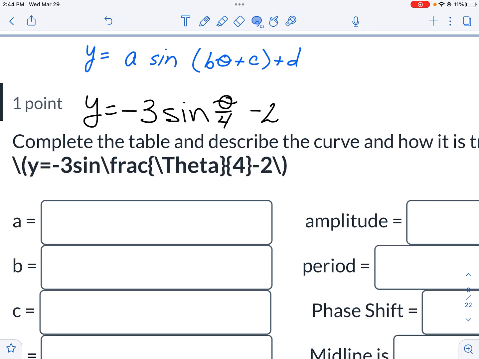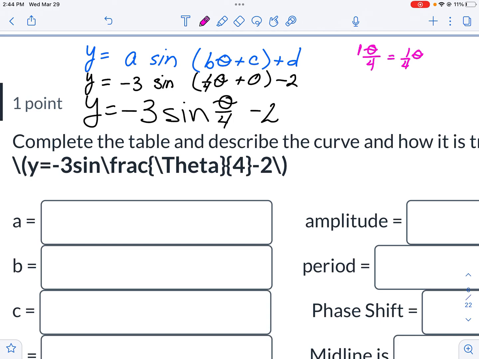I would agree, but it would if you rewrite it. y equals -3 sine 1/4 of theta plus 0 minus 2. A quick side note: theta over 4 is equal to 1/4 theta, because there's really a 1 right there.